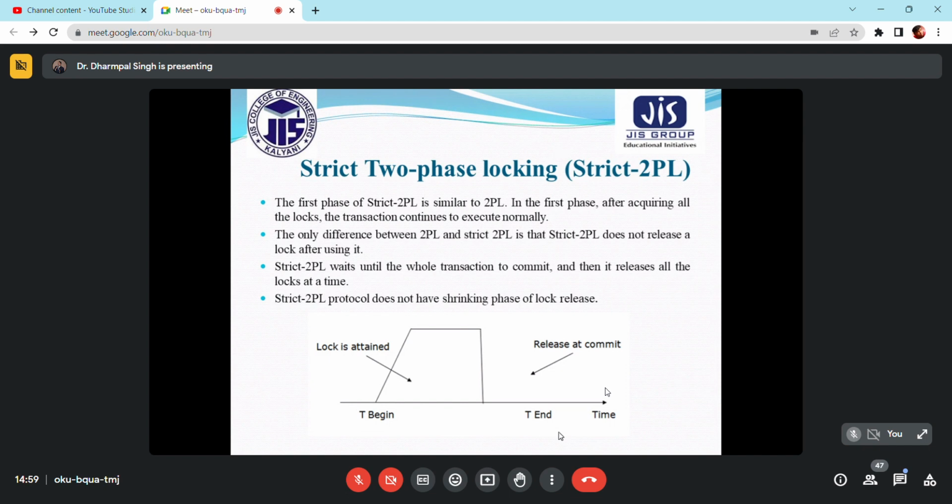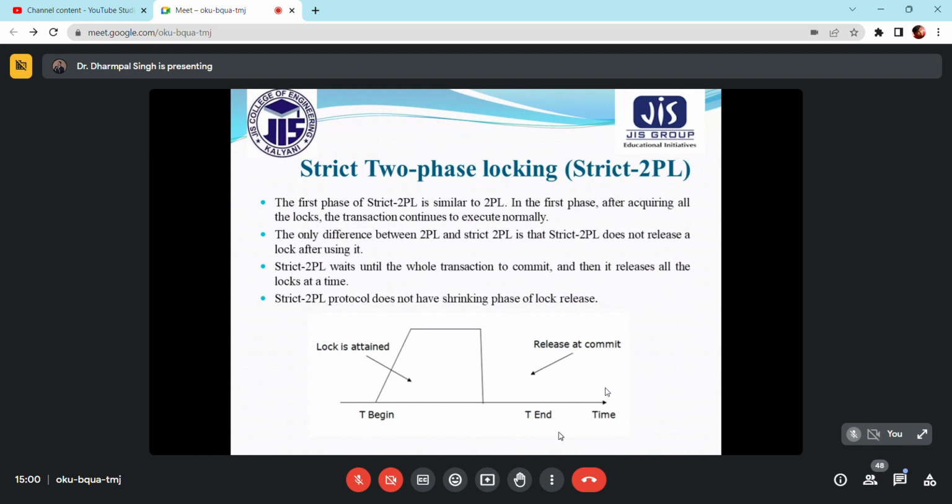The only difference between 2PL and strict 2PL is that strict 2PL does not release the lock after using it. Earlier we saw that if I release the lock after using it, it may be possible that another transaction reads the value, and after that, suppose the first transaction fails, the second transaction also has to roll back, because you know the dirty read concept.